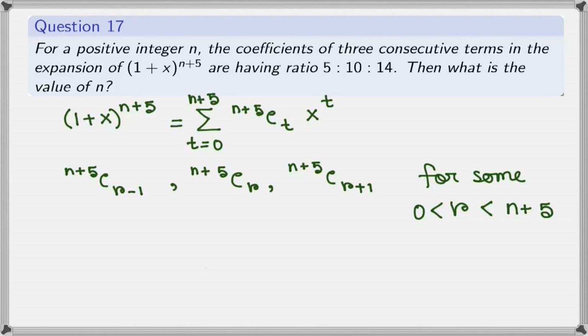Now, as we know that these coefficients are having ratio 5:10:14, we can write (n plus 5) C (r minus 1) is equal to 5k, (n plus 5) C r is equal to 10k, and (n plus 5) C (r plus 1) is equal to 14k for some k.